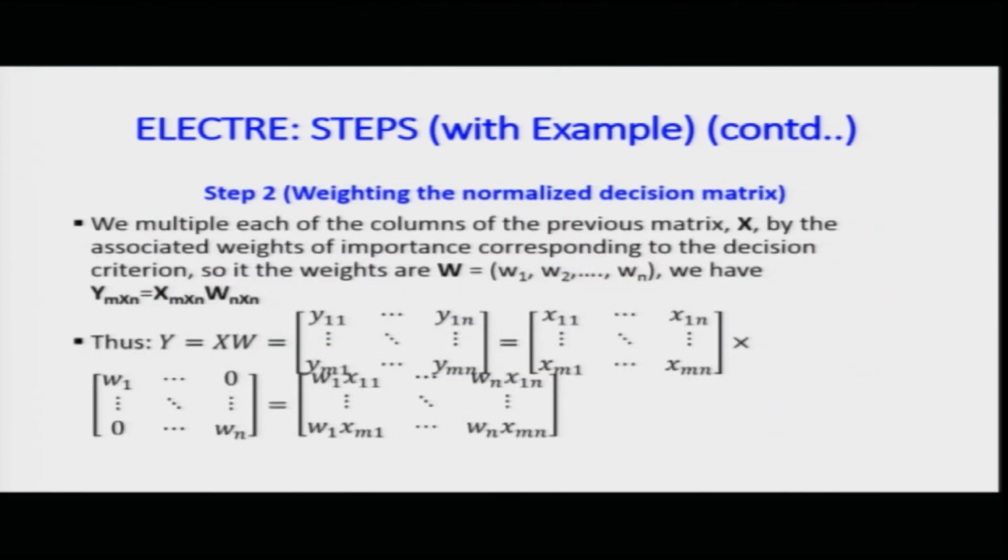Now, we multiply each column of the previous matrix x by the associated weights, the level of importance you are going to assign to the decision. So, consider the weights are given as W 1 for the first until W n for the last one.